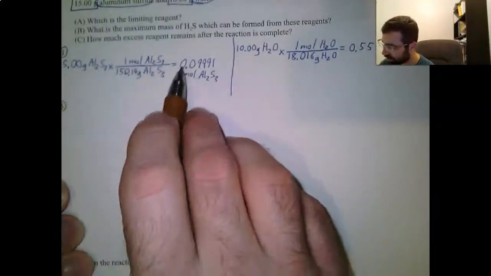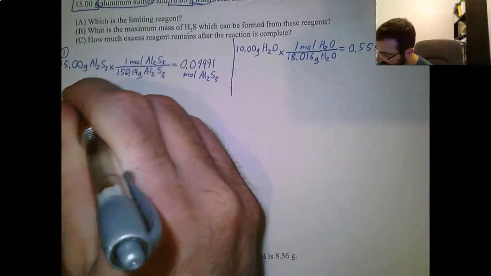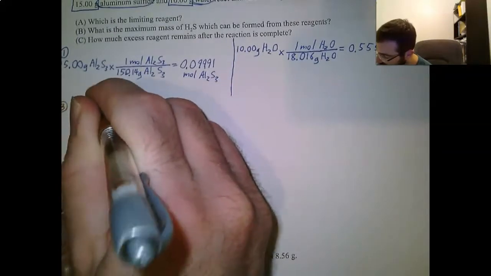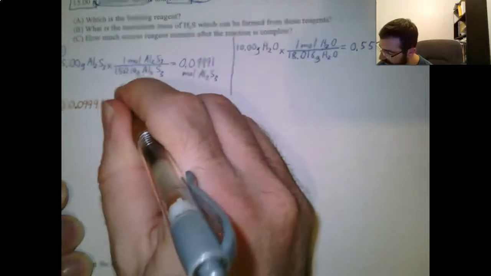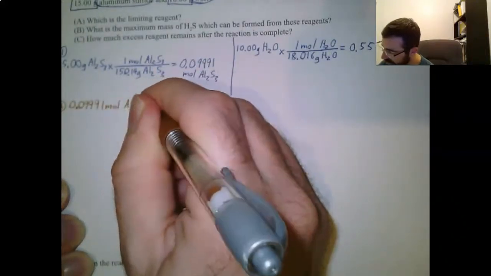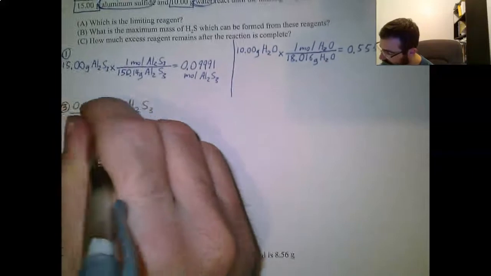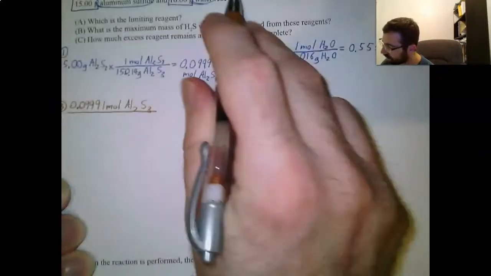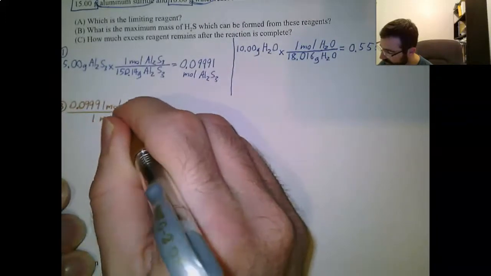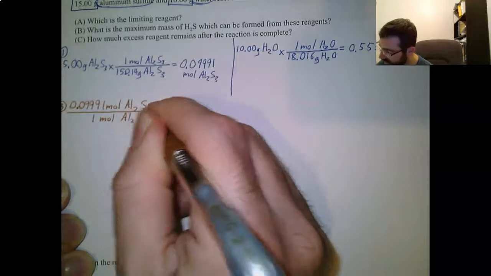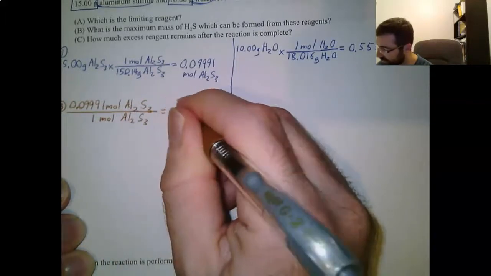So 0.09991 moles of Al2S3 over, let's see, 1 mole of Al2S3 equals, well, it's just going to be the same number because I'm dividing by 1.